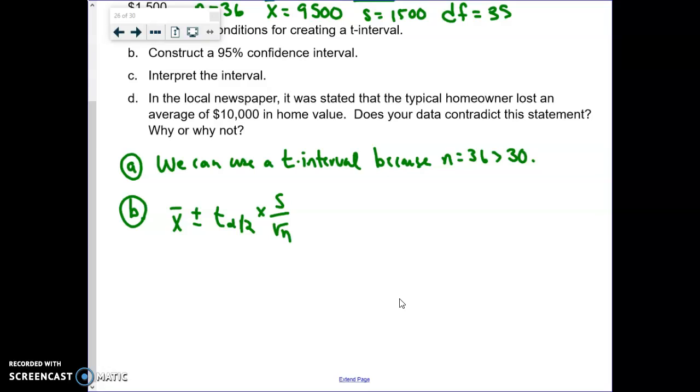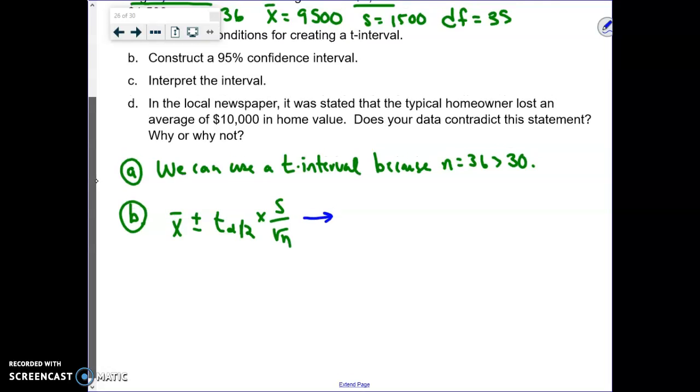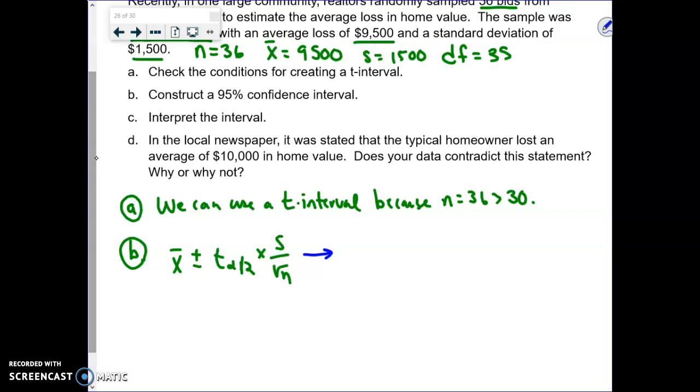In other words, x bar, the average, which I have sitting up in front of here, was $9,500 plus or minus our critical t value, 2.03. Again, you just use the absolute value, you don't have to use the plus or minus, times our sample standard deviation, which was 1,500, divided by the square root of our sample size.